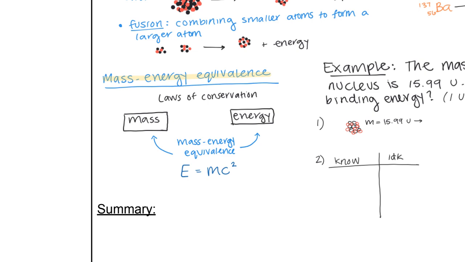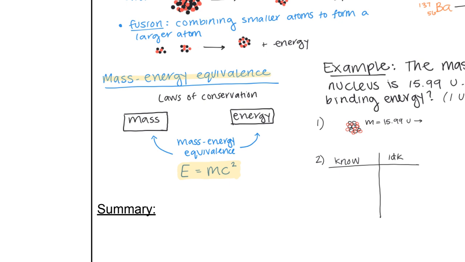So this idea of mass energy equivalence states that mass can be converted to energy, and energy can be converted into mass, basically. And that gives us a famous equation, if you recall, E equals mc squared, which allows us to perform a lot of our nuclear physics calculations.